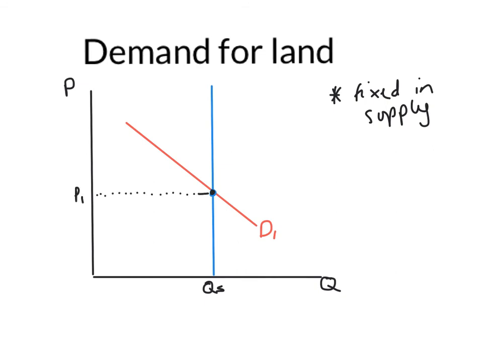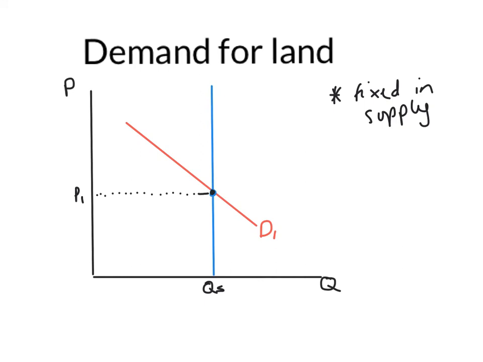this price P1. Now if we see an increase in demand for land, that's going to shift the curve to the right, as you remember from our study of demand and supply.